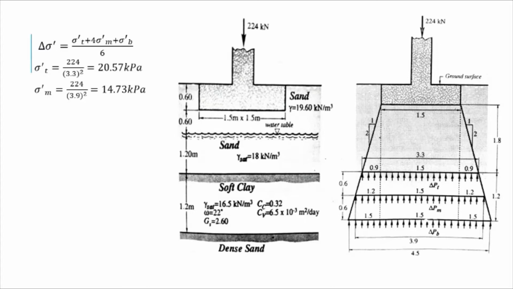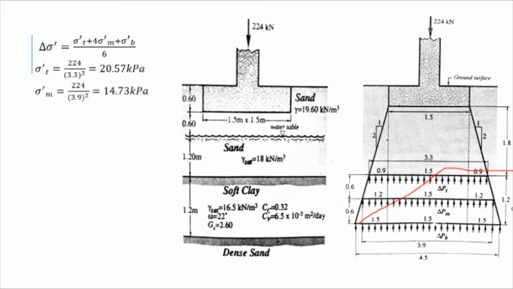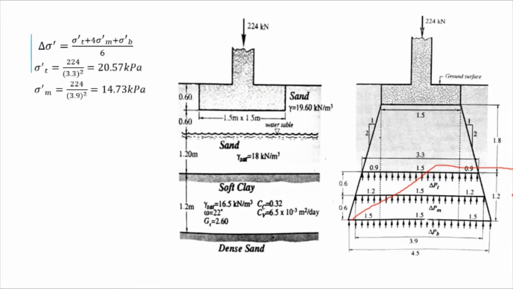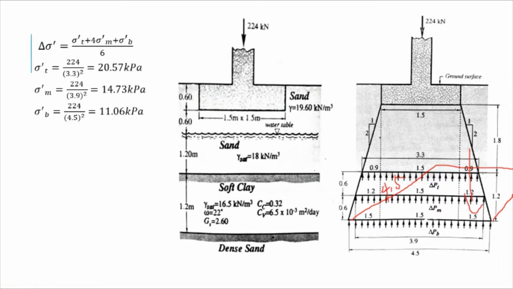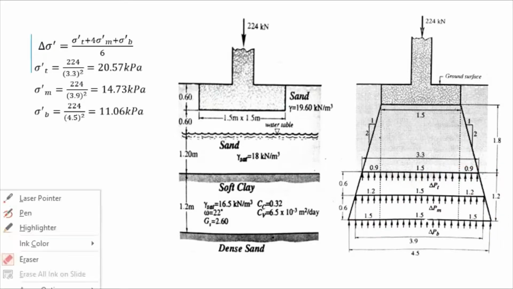The bottom will be 4.5 meters square. And the area of distribution will be 4.5 by 4.5. So the stress at the bottom is 224 over 4.5 squared, and it will be equal to 11.06 kPa.